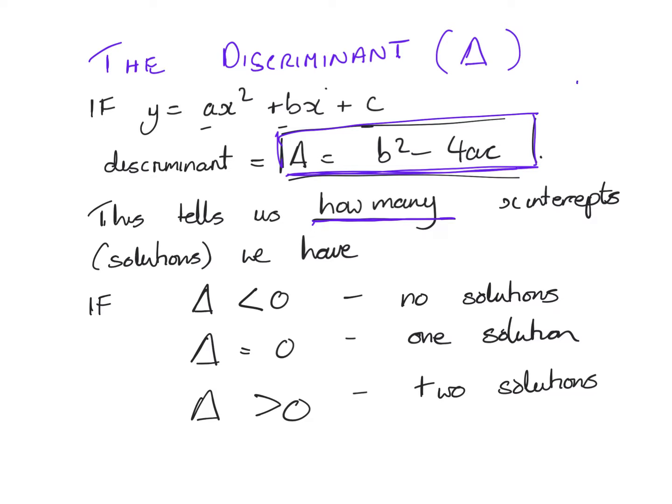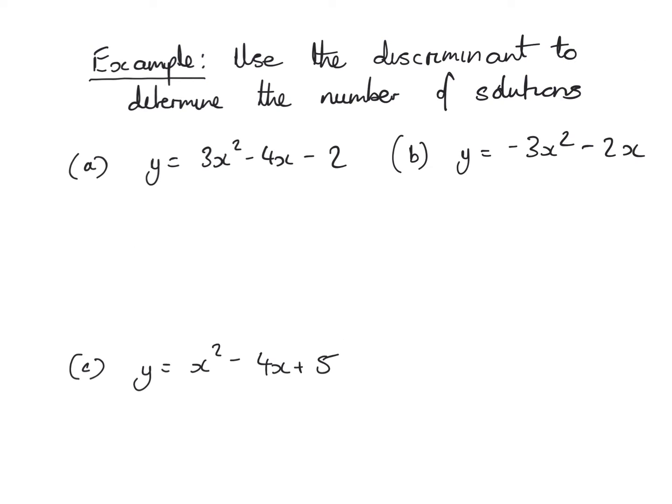Because remember, if you've got the square root of b squared minus 4ac, you cannot take the square root of a negative number. Therefore, no solutions. If the inside bit of that square root is 0, then there is one solution. And then if the inside bit, b squared minus 4ac, is a value bigger than 0, you will always have two solutions.